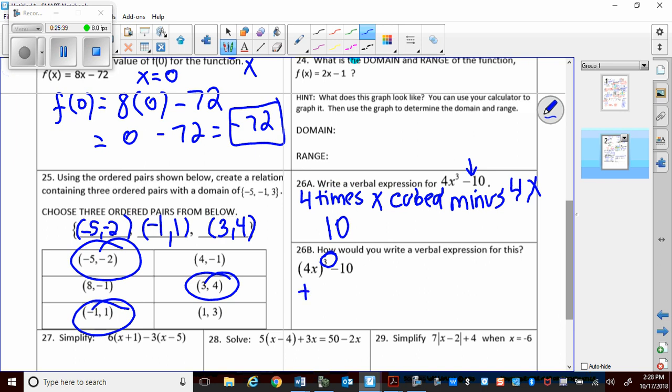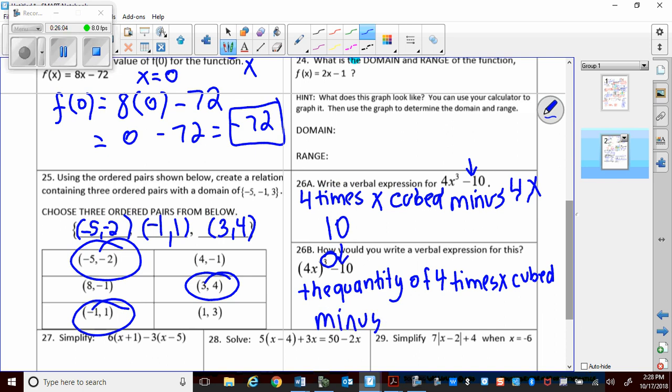So the quantity of, you'll notice it because of the parentheses. The quantity of 4 what? Is it 4 plus 4? 4 times x cubed. And what's this operation? Minus 10.